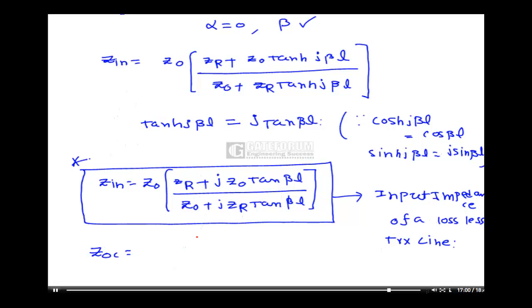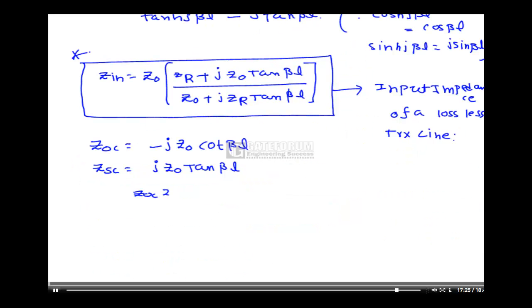You will get ZOC is equal to minus j Z0 cot beta L. Short circuit impedance ZSC is equal to j Z0 tan beta L. If you multiply these two, ZOC into ZSC, you will get only Z0 square. Therefore Z0 is equal to square root of ZOC ZSC.